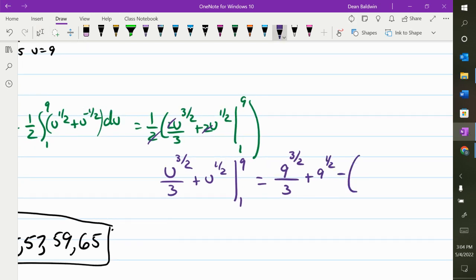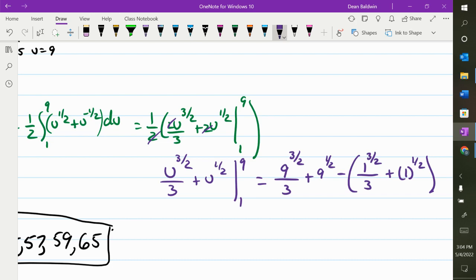Minus. When you subtract, please, for the love of whatever, bracket what you're subtracting, because you will get it wrong if you do not. So I just plugged in the 9 and I plugged in the 1. I'm subtracting all the 1s, so it's all in brackets.